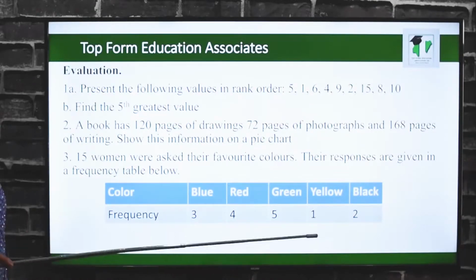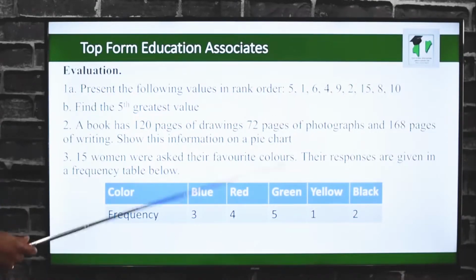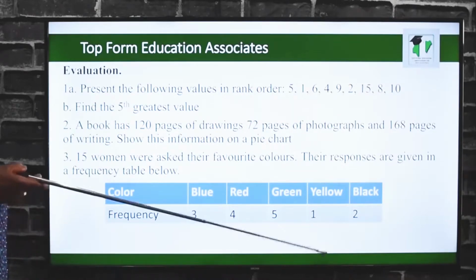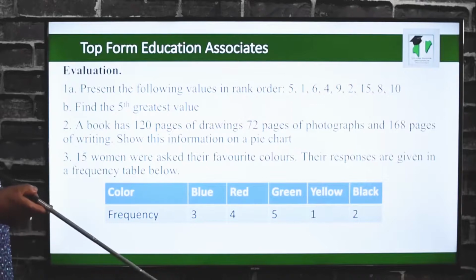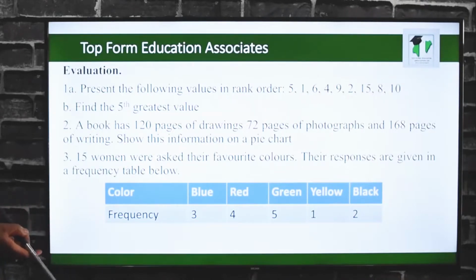The bars' widths are the same, but the height shows the frequency of each data. And the pie chart is a graphical presentation of statistical data in a circular pie.